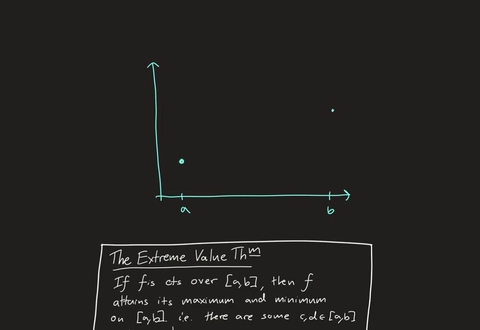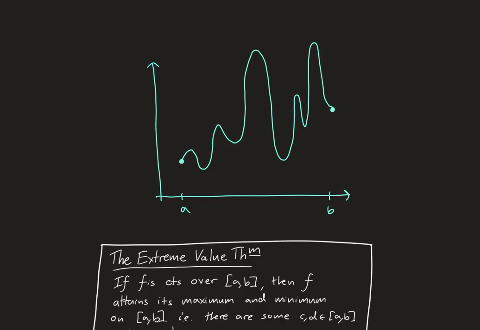So let's say we have a function that's continuous over a closed interval, which means that when I start drawing this function, I have to connect to that other point at b somehow without lifting my pen, because I'm assuming it's continuous. Okay, so what does the extreme value theorem say? There is some point where this function is biggest.